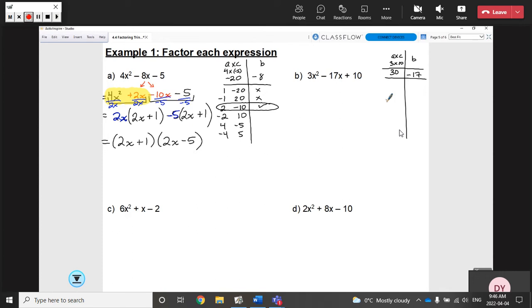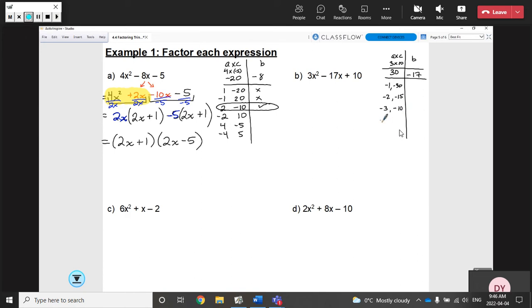Now, with factoring, you end up getting little tricks here. We're multiplying to a positive number, right? We're multiplying to positive 30, and we're adding to negative 17. So that should give us some indication that for sure both these numbers have to be negative. So negative 1, negative 30, negative 2, negative 15, negative 3, and negative 10.